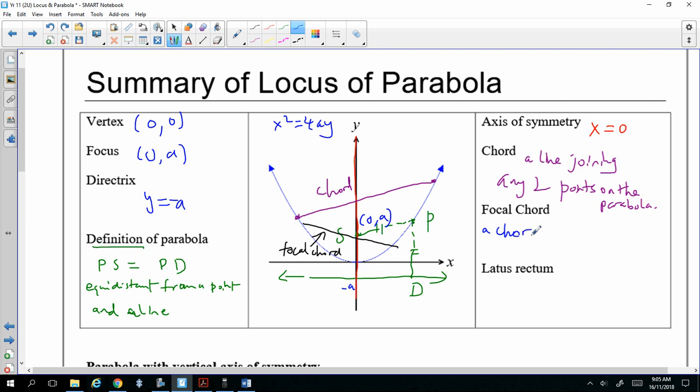And finally, maybe I'll use a yellow pen, see if you see it. Like that. Okay, good. So the latus rectum is a focal chord that is parallel to the directrix.